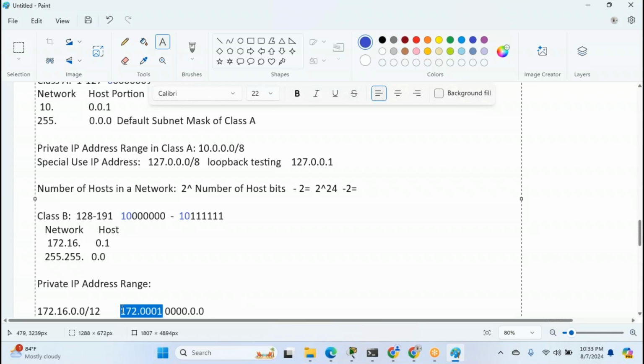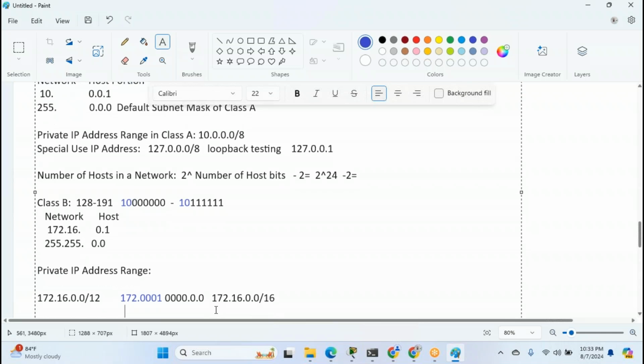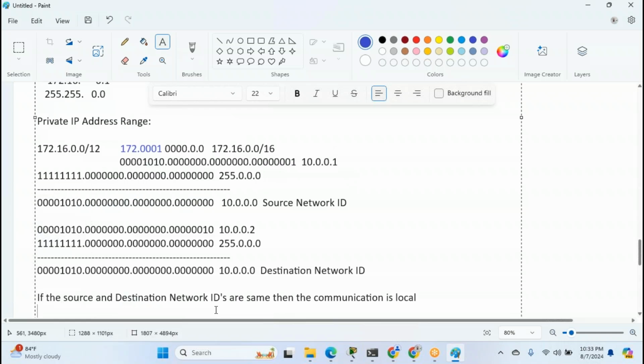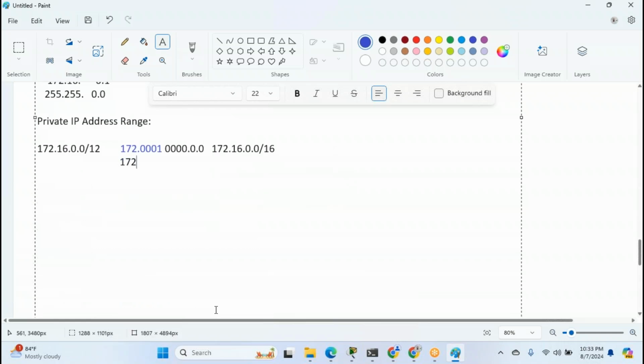If we keep these 12 bits fixed and we keep on changing the next 4 bits, we will be getting different networks. So 172.16.0.0/16, this is a network. And then if we change it to 172.17.0.0/16, that is the next one.